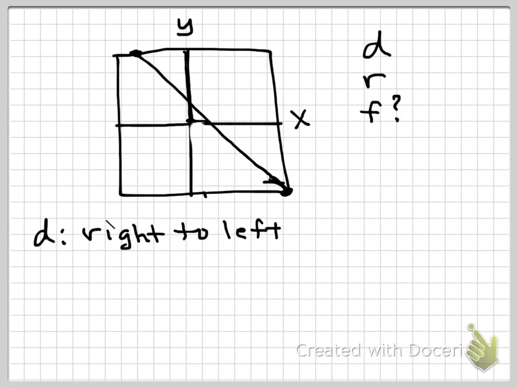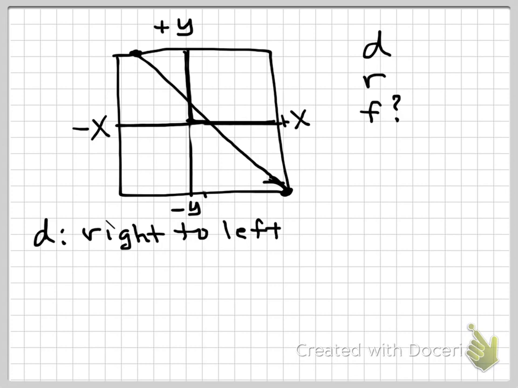Remember that if something goes on forever, we call that infinite, right? And you'll remember, hopefully, that as you go this way, your x's are negative. If you go this way, your x's are positive. If you go up, your y's are positive. And if you go down, your y's are negative.